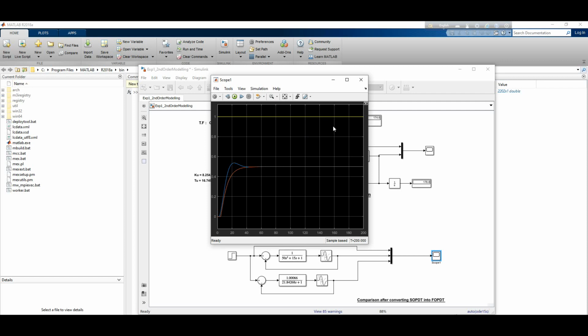We can say it as a result of this experiment. And one more important part for the comparison of these two systems is to observe the Bode as well as the Nyquist plot. So let's go for the Bode and the Nyquist plot, right?